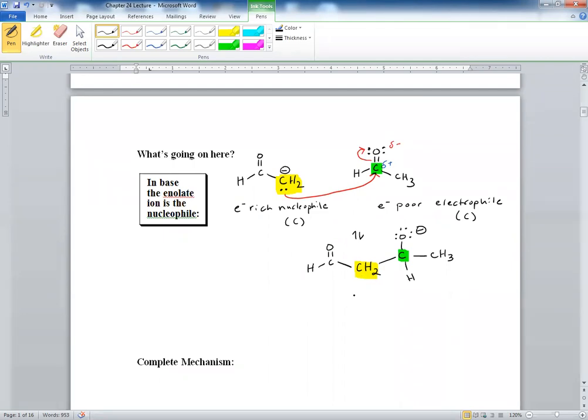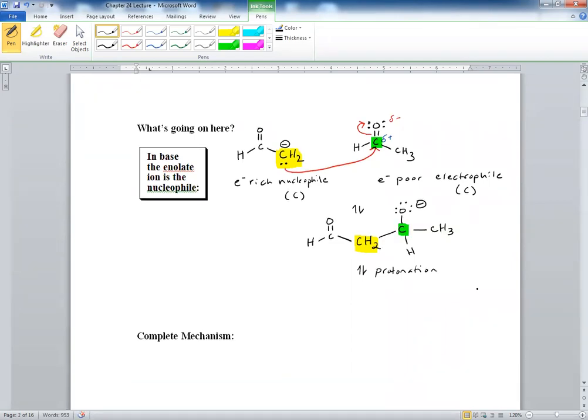So then what happens is we have protonation, as you would have expected. And you should know why we have a protonation. It should be very clear why we have a protonation, not kicking out a group, because none of these is actually a good leaving group.